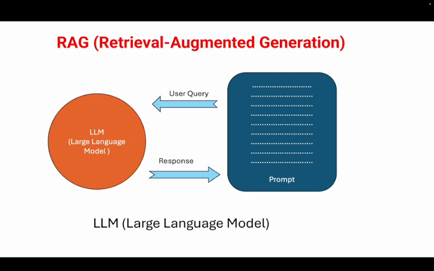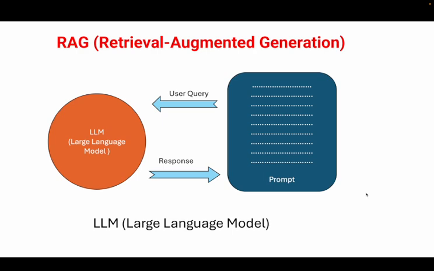If we have a prompt where the user types his query, that query goes to the large language model, and based on the data which the LLM has, it sends back the response. Do we have any restrictions with this LLM model?